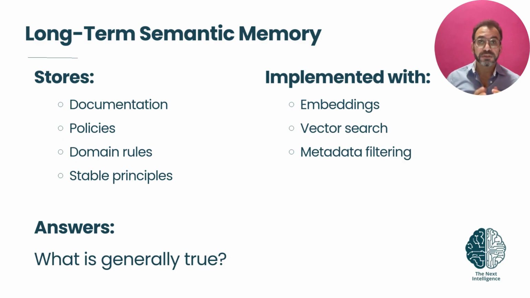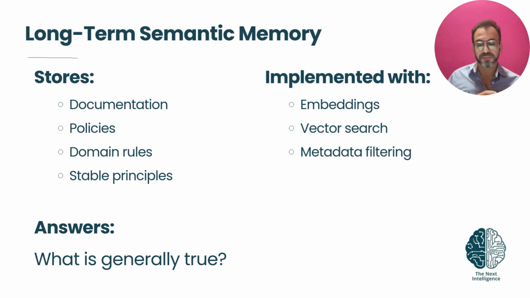In practice, semantic memory is usually implemented with embeddings and vector search. So we chunk the documents, we embed them, and then we retrieve the most similar chunks to be used in the short-term memory.